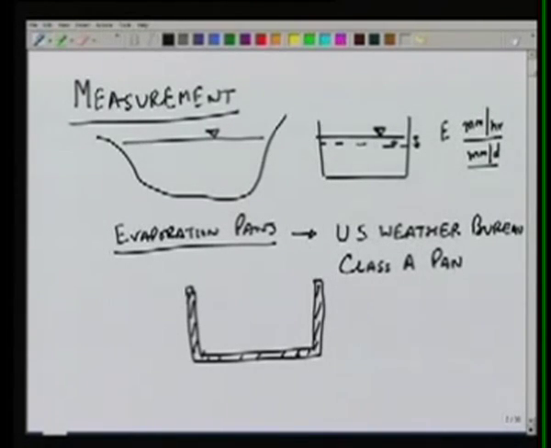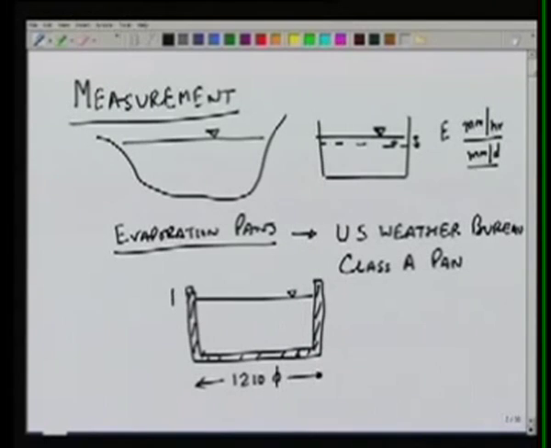Generally it is made of galvanized iron. Typically the dimensions would be a diameter of 1210 millimeter. So this is a circular pan with a diameter of 1210 millimeter.